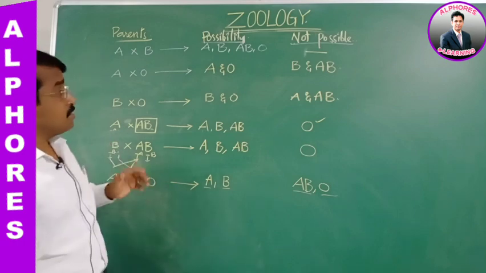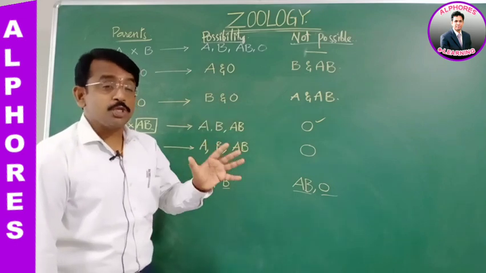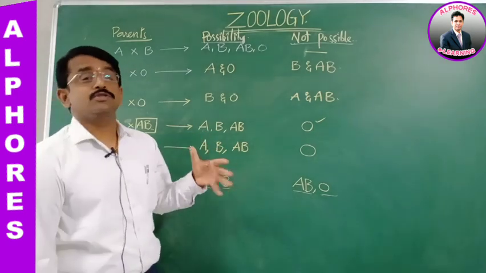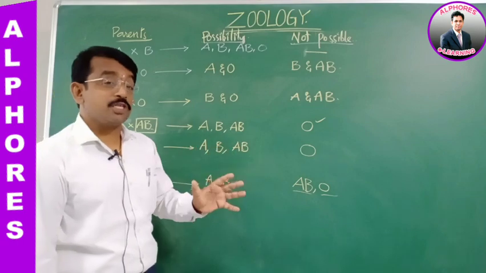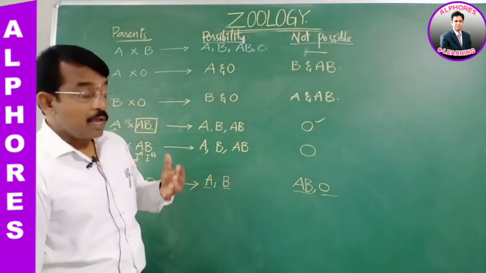And we have discussed that O negative is the universal donor, and AB positive is the universal recipient.